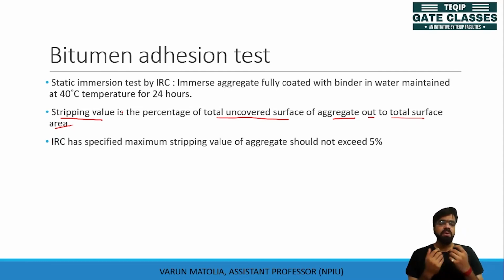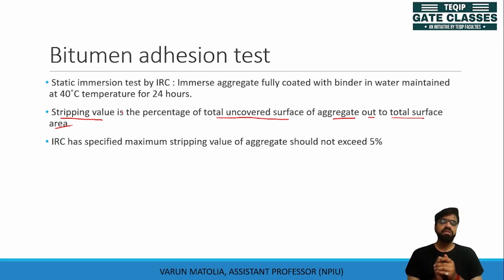Now, for calculating this value, the uncovered surface area, a test is done in which the aggregate is fully coated with bitumen and is immersed in water for 24 hours. The temperature of water is maintained at 40 degrees Celsius, and after 24 hours, the surface is observed visually.